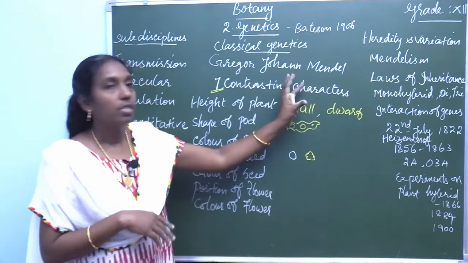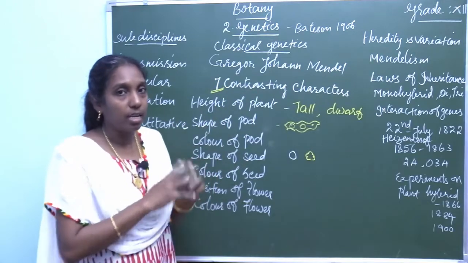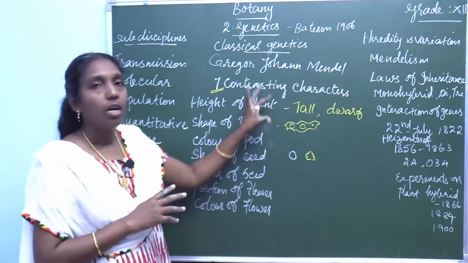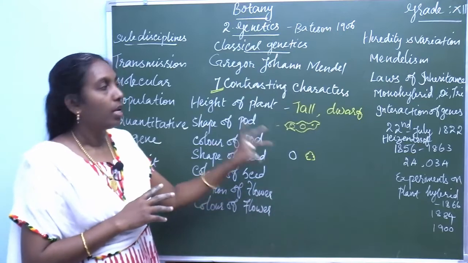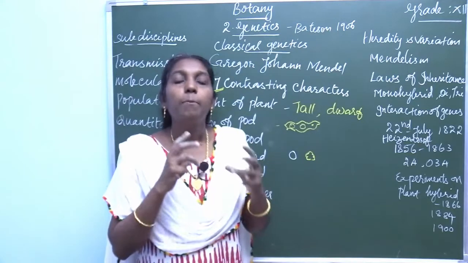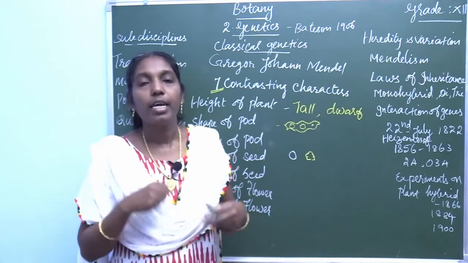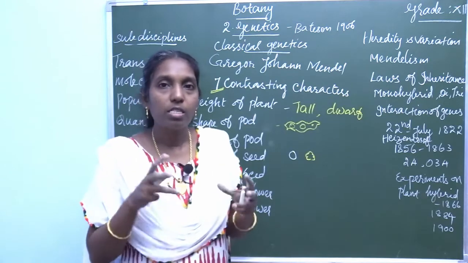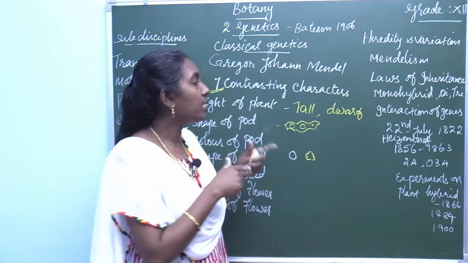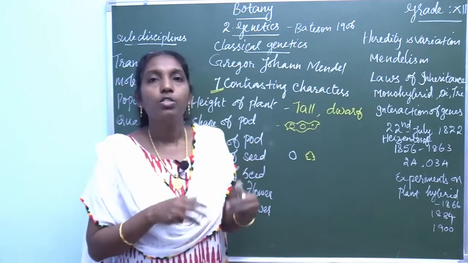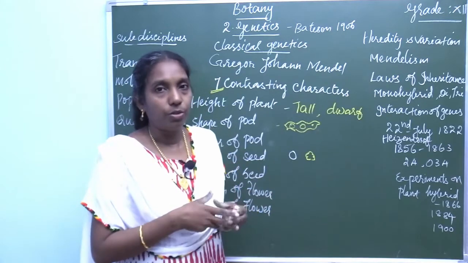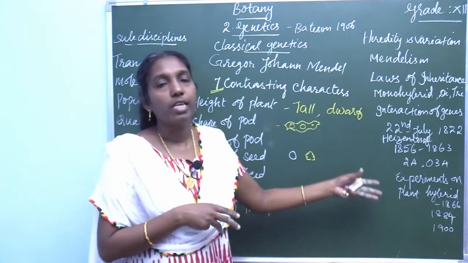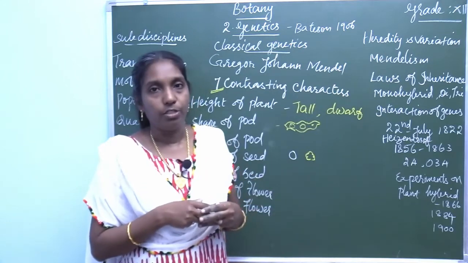So, why was Mendel successful in his work? Because of his mathematical knowledge, he applied statistics and the laws of probability in his hybridization experiments to produce the phenotypic ratio as well as the genotypic ratio.